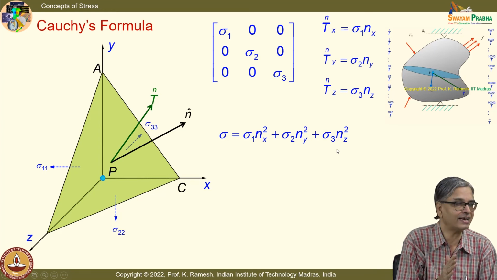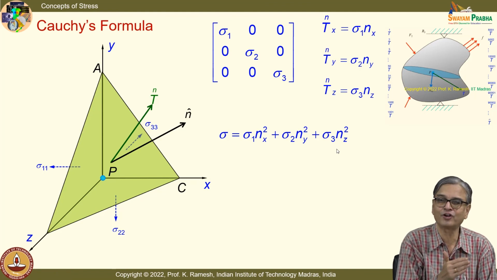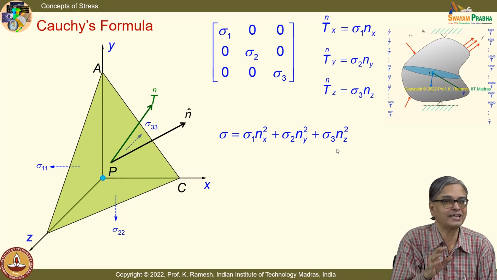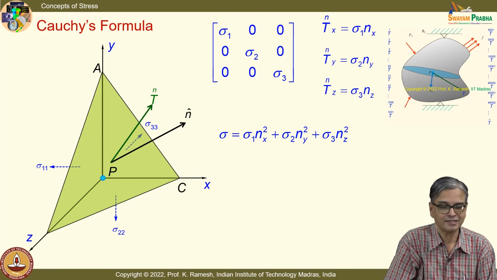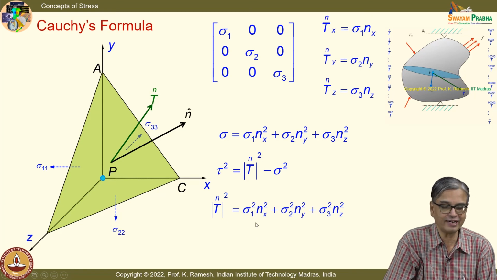Very elegant and nice looking compared to what we had seen for a generic representation of stress tensor. This is very elegant. And I also have the shear stress as Tn squared minus sigma squared. So I have Tn squared as sigma 1 squared nx squared plus sigma 2 squared ny squared plus sigma 3 squared nz squared.